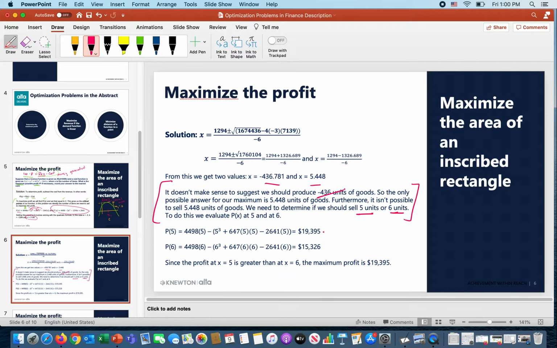You can double check my numbers, but it looks like we're going to get the maximum profit at 5 units, which would be a substantial amount of money. The profit at x equals 5 is greater than the profit at x equals 6, right? So the maximum profit is $19,395.